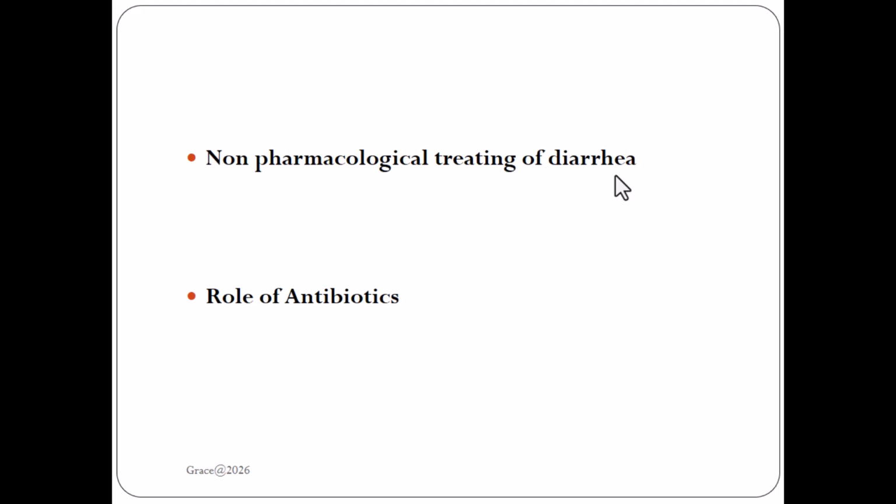Briefly on antibiotics, some infections or diarrhea can be a result of the invasion of different bacteria. Examples of bacteria that may invade and bring about diarrhea are E. coli and Shigella.